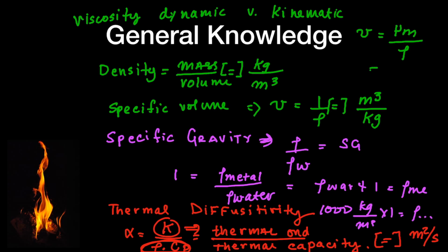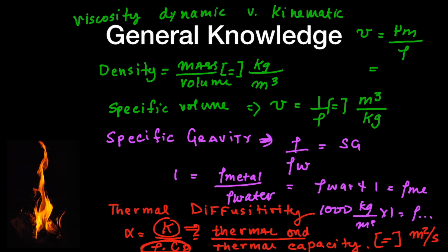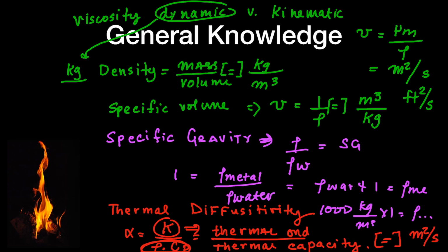The units for this are the same as thermal diffusivity, meters squared per second or feet squared per second. The units for dynamic viscosity are kilograms per meter times seconds.